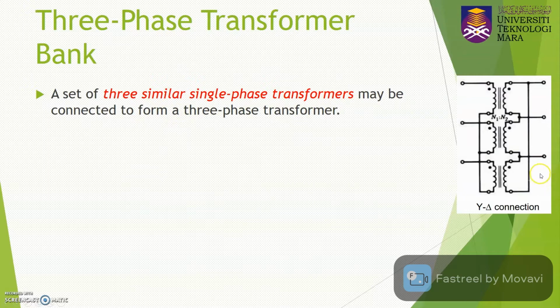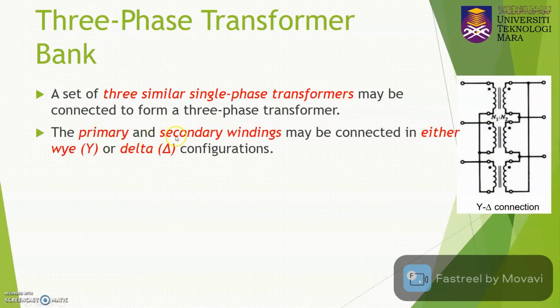If you refer to here, this is one single-phase transformer, the second single-phase transformer, then this is the third transformer. Then you just combine all three to make a three-phase transformer.